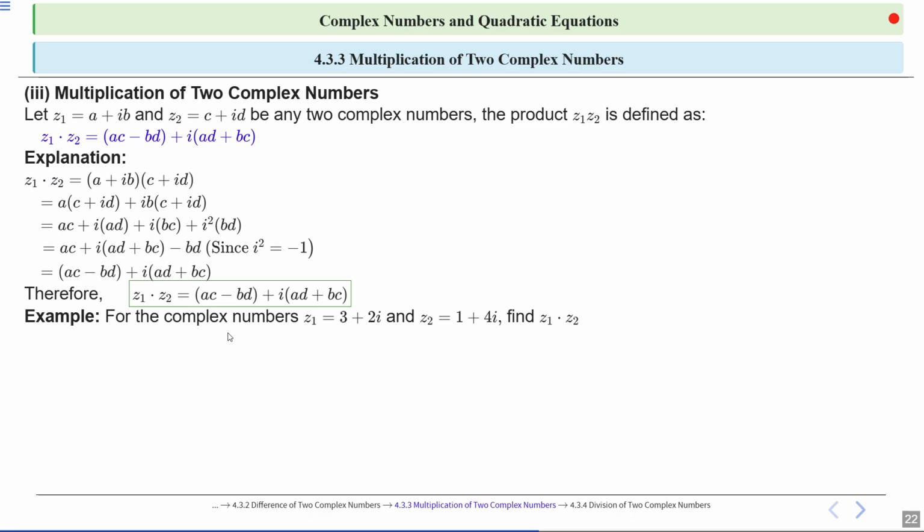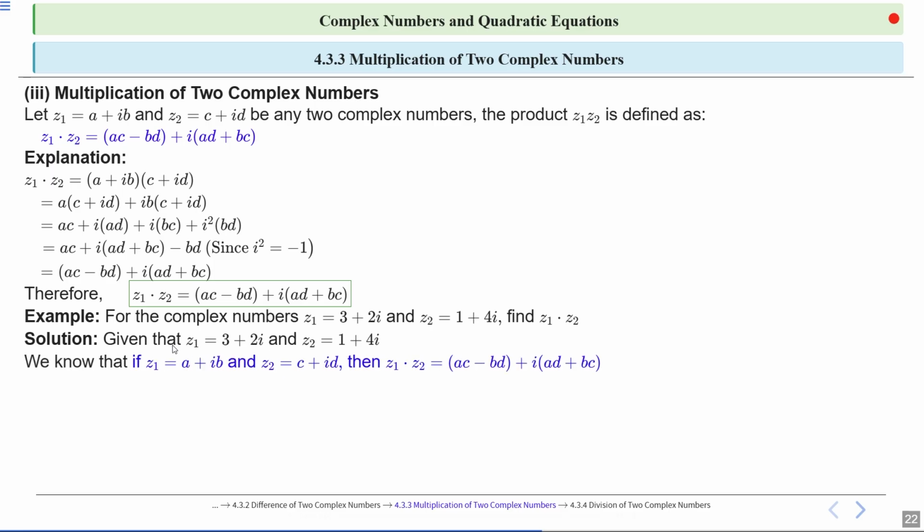Let's look at an example. For the complex numbers, z1 equals 3 plus 2 iota and z2 equals 1 plus 4 times iota. Then find z1 times z2. Given that z1 equals 3 plus 2 iota and z2 equals 1 plus 4 times iota. So we know that if z1 equals a plus iota times b and z2 equals c plus iota times d, then z1 times z2 equals ac minus bd plus iota times ad plus bc.